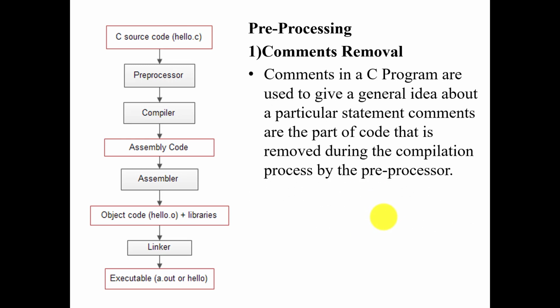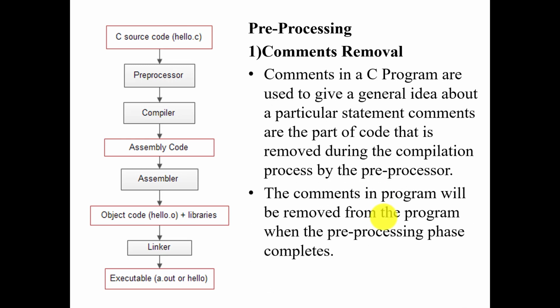In the preprocessor, the first sub-step is comment removal. We use comments or white space while writing the source code. Comments in C programs are used to give a general idea about a particular statement, what the program does, or information about the code.